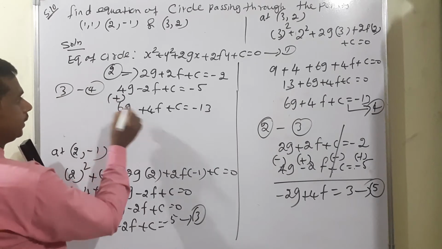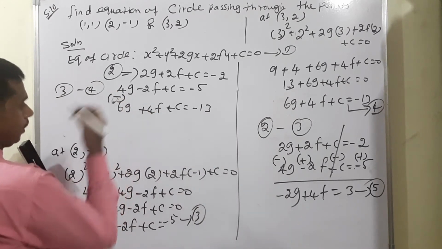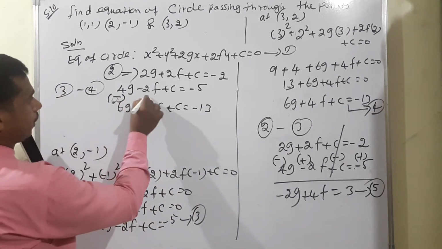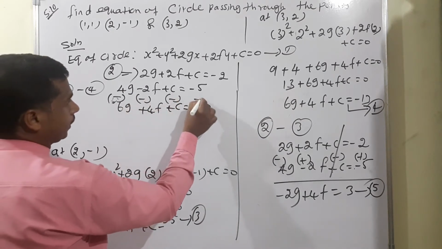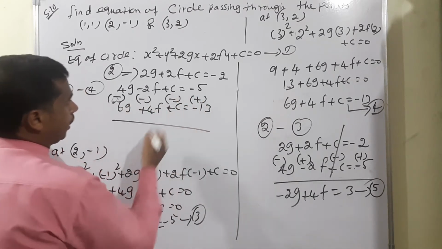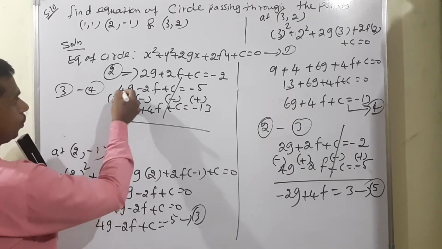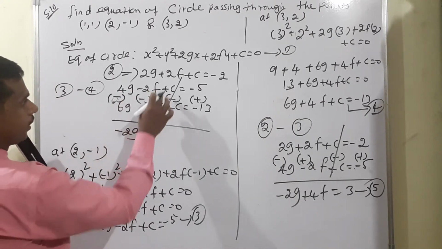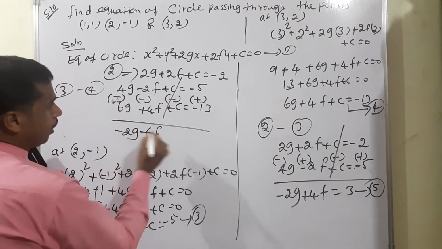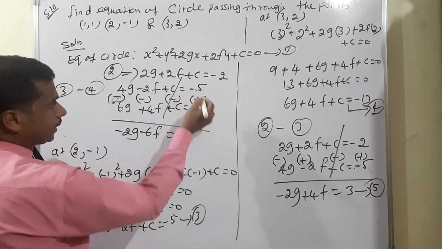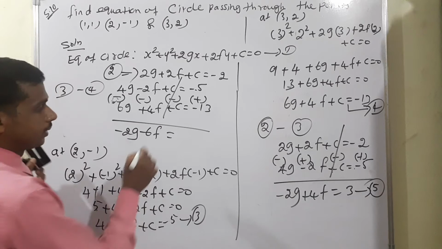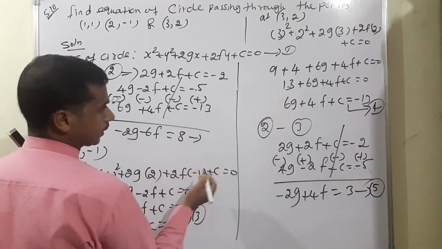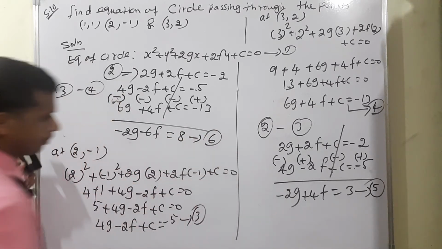Again the whole sign changes, so where there is already plus sign we can write it minus, here minus, here also minus, and where there is minus sign we can write it plus. Again plus c minus c cancel, 4g minus 6g, so minus 2g, minus 2f minus 4f, minus 6f is equal to minus 5 plus 13. So 13 minus 5 is equal to positive 8. This is considered for equation number 6.